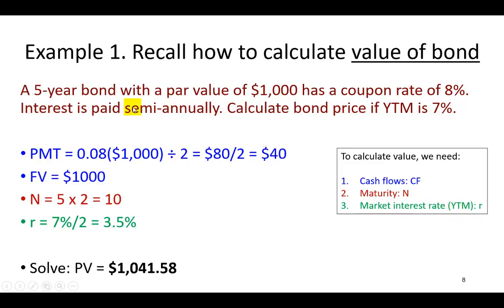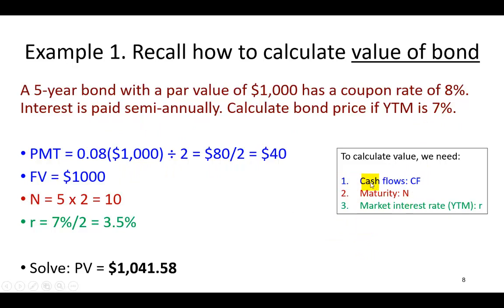With respect to this problem, it says a 5-year bond with a par value of $1,000, which is pretty standard, has a coupon rate of 8% and interest is paid semi-annually. So for us to calculate the price of this bond, given a market interest rate yield to maturity of 7%, we need to follow the color coding right here.